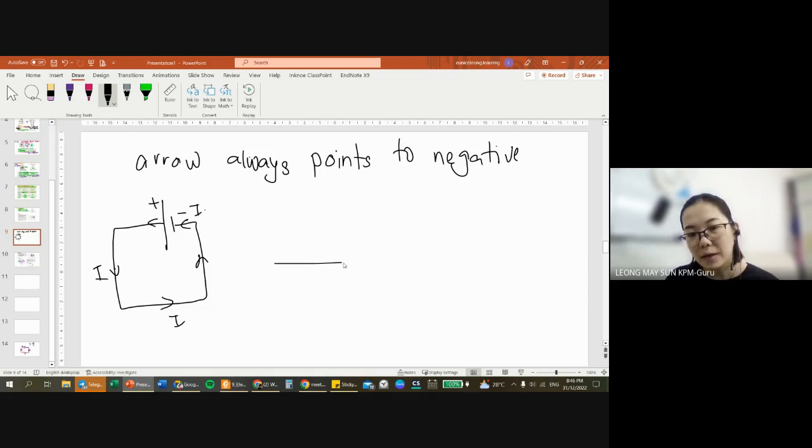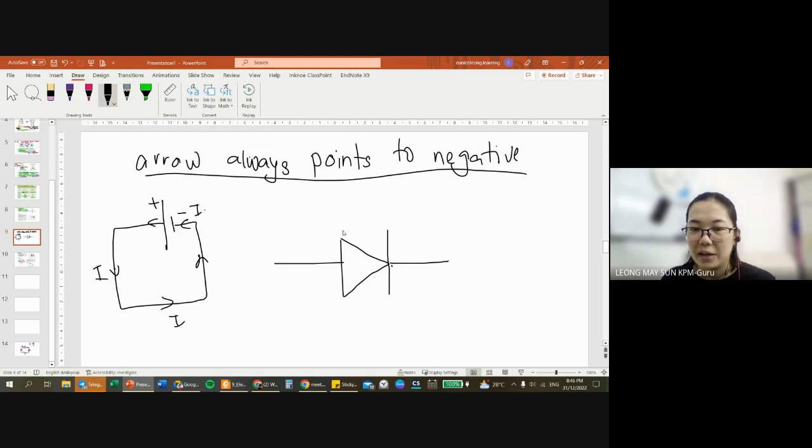Now, a semiconductor diode has an arrow and then a straight line. How do I identify which is which? My key is the arrow always points towards the negative. So this looks like an arrow pointing towards this vertical straight line.